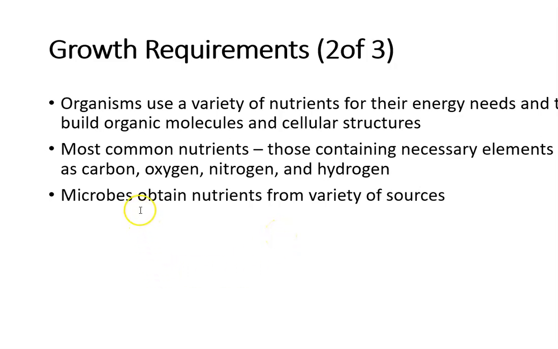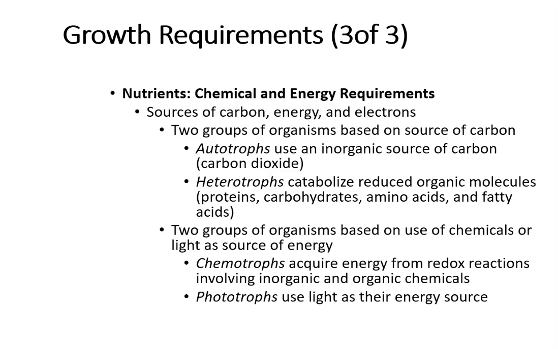So these microbes obtain their nutrients from a variety of sources, and we classify them according to that. So we have chemical requirements and energy requirements, and there's a group of organisms based on how they get their carbon, because we said they need carbon. Some of them use inorganic carbon, i.e. carbon dioxide.